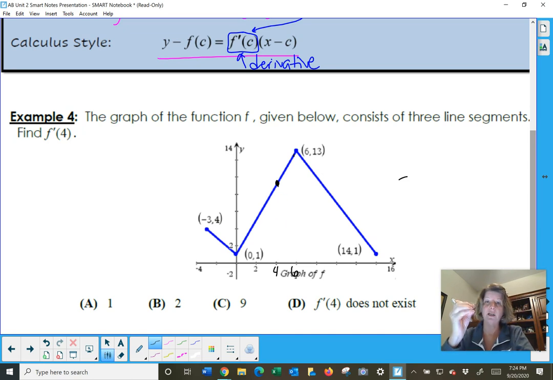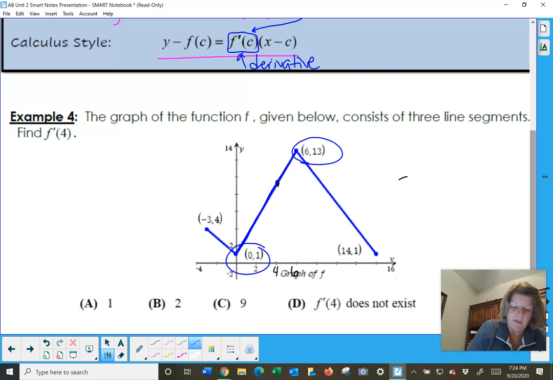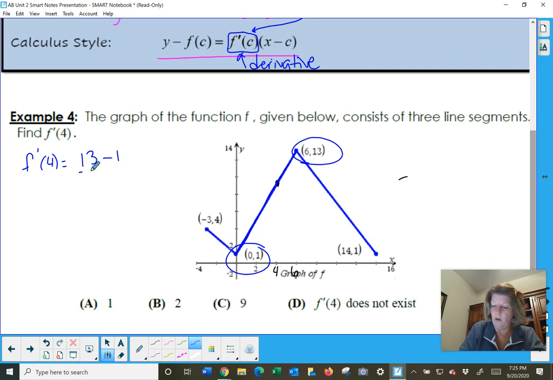Well, what we're fortunate with is that we have a linear function. And on this blue line, the slope stays the same the entire distance from this point 0, 1 to this point 6, 13. Why not just calculate the slope of the line? So f prime of 4 is going to be found by looking at the slope of 13 minus 1 over 6 minus 0, which gives me 12 over 6.